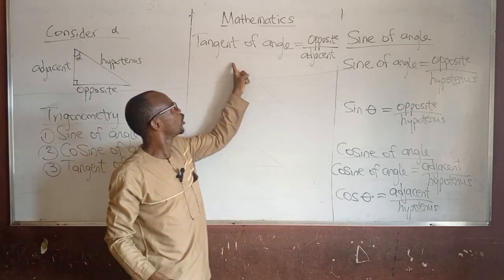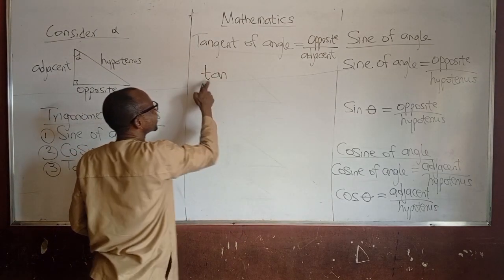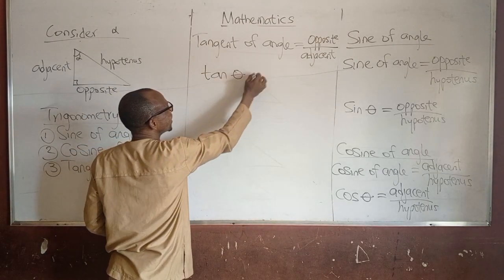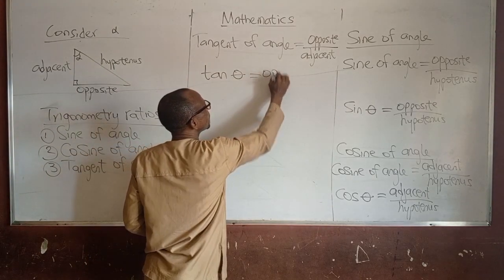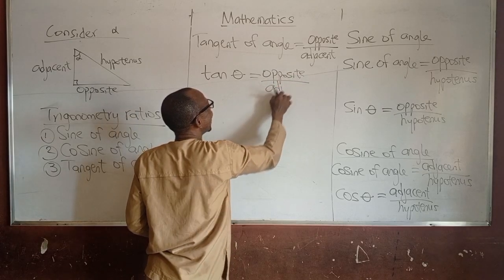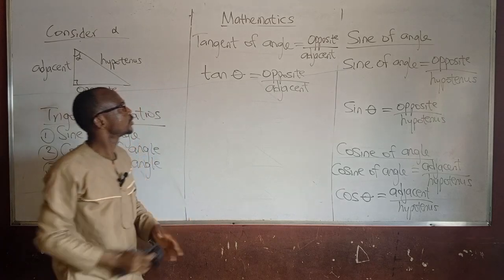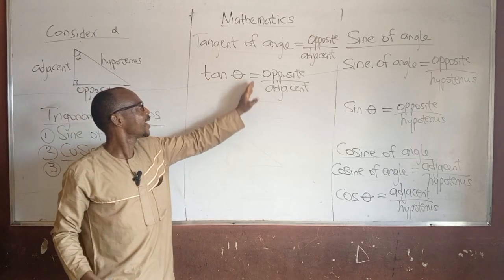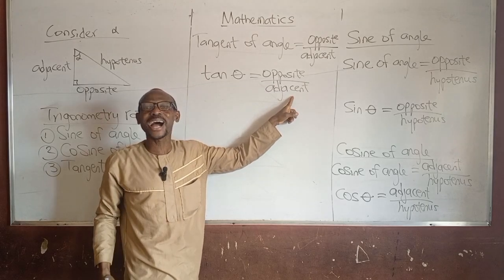Tangent of angle, we normally short am, they call am tan. So tan theta is the angle opposite over adjacent. Tan theta is equal to opposite over adjacent.